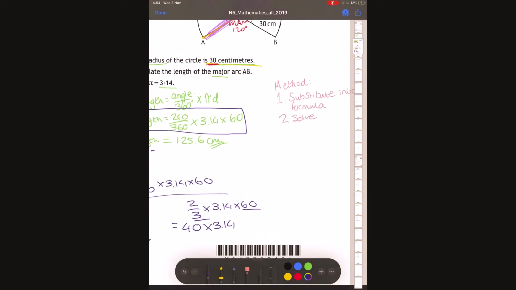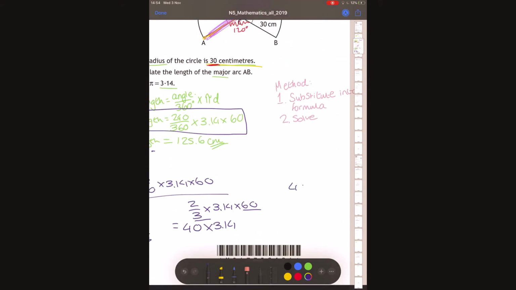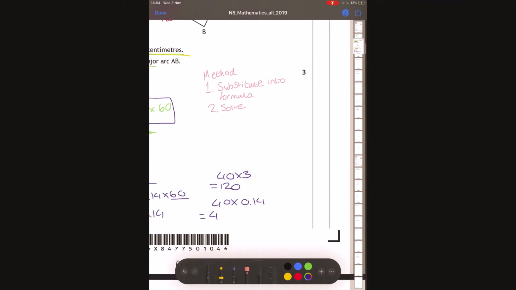Now I would split this up. So what I would do is I would do 40 times 3 is equal to 120. And then 40 times 0.14 is equal to, well, 40 times 0.1. So that's a tenth of 40, I know is 4. So if I add this up along the side, we have 120, we have 4, and then our final bit is 40 times 0.04 is equal to what?